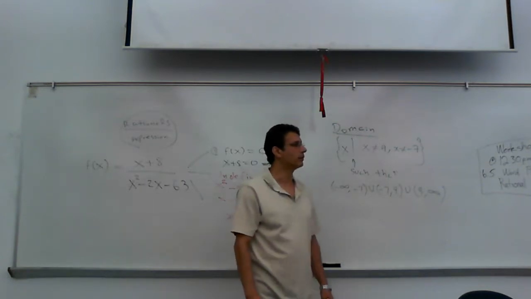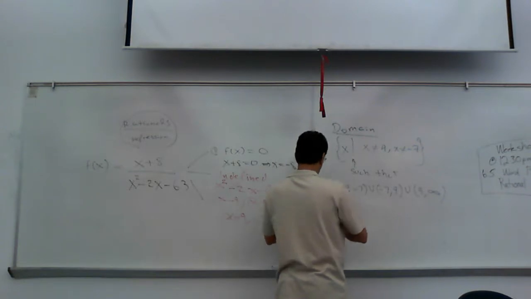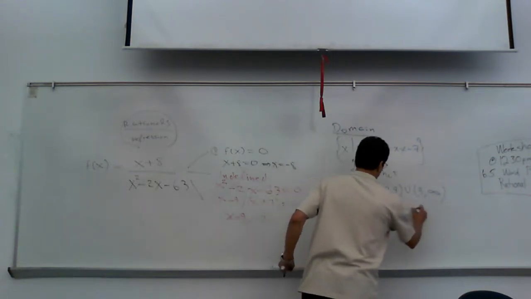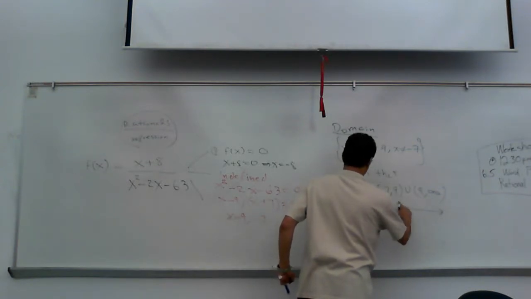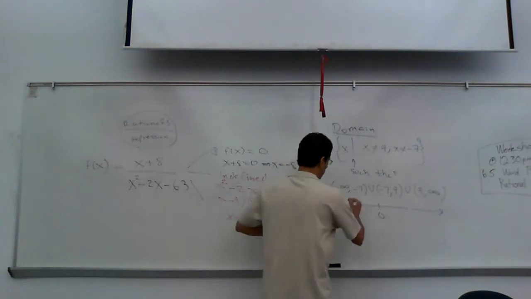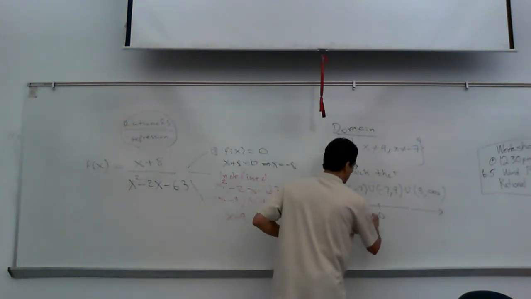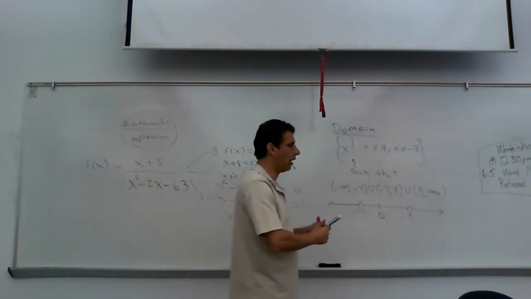Every number is acceptable. Let's take a look at the number line, which doesn't include, okay. Here's the number line: -7, +9. What do you have there?